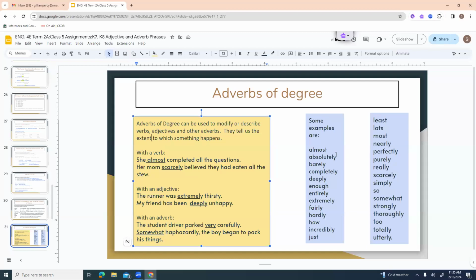Words like almost, absolutely, barely, completely, deeply, enough, entirely, extremely, fairly, hardly, how, incredibly, just, least, lots, most, nearly, perfectly, purely, really, scarcely, simply, so, somewhat, strongly, thoroughly, too, totally, and utterly.